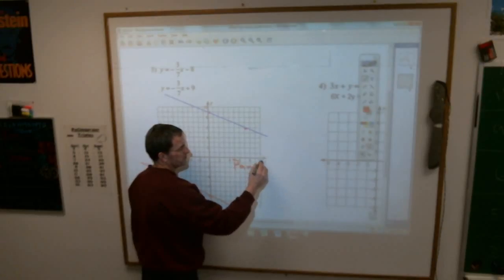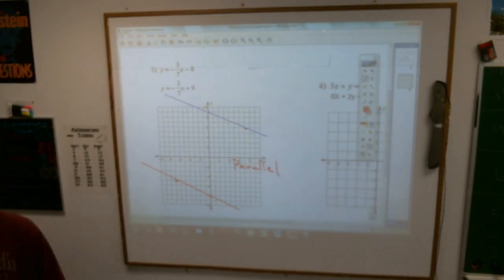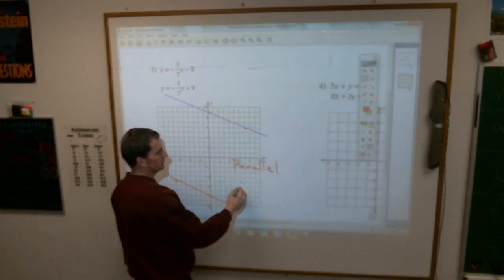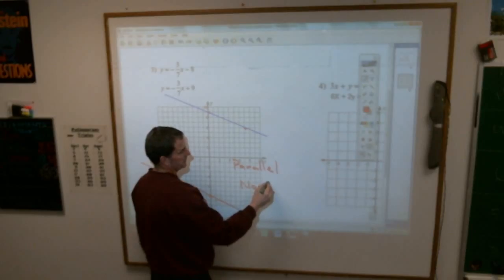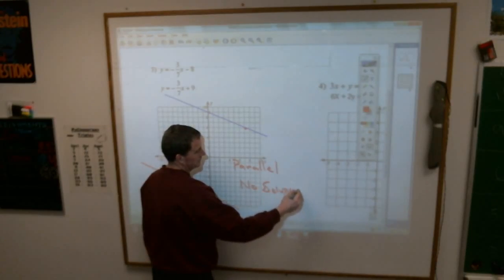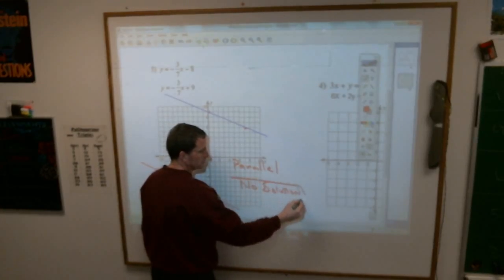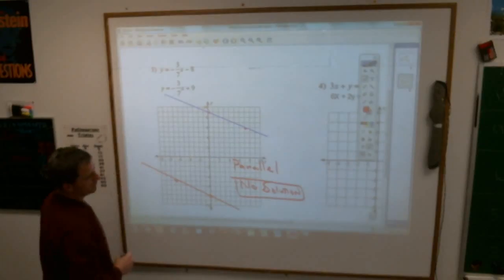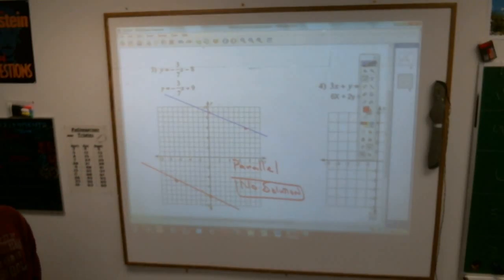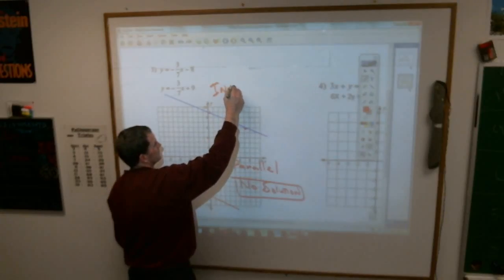If you run across parallel lines, there is no solution, no answer, because those lines will never cross. If they're parallel, they have no solution. And those are called in the math world inconsistent lines. Don't ask me why.